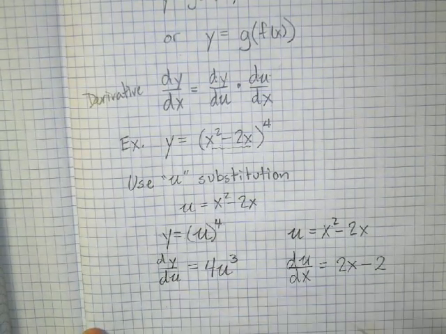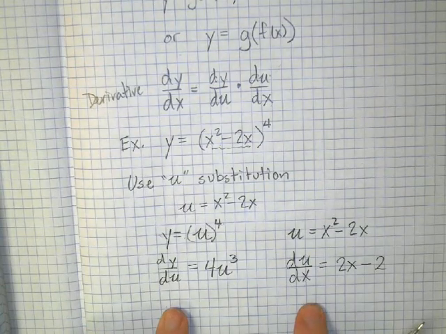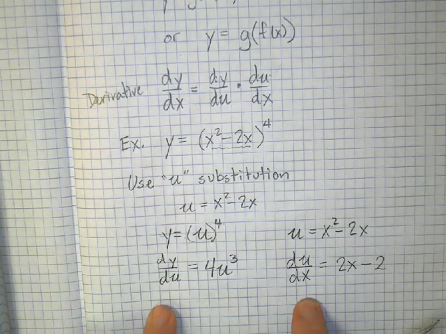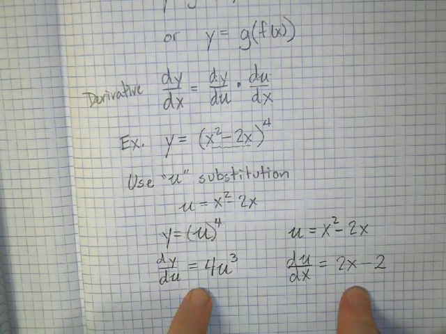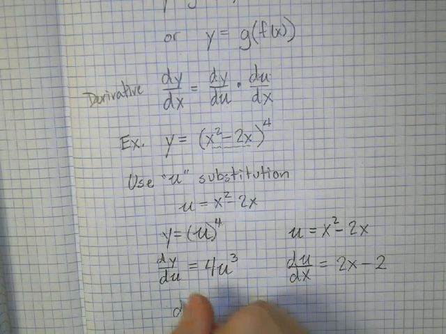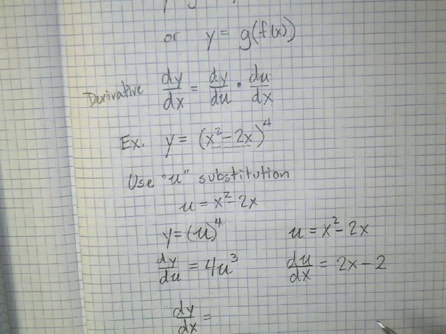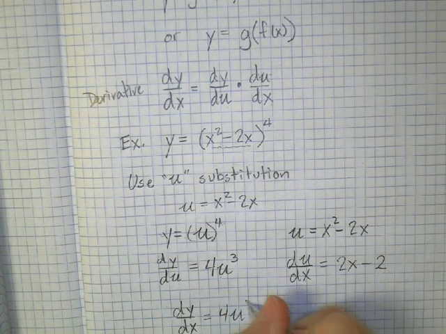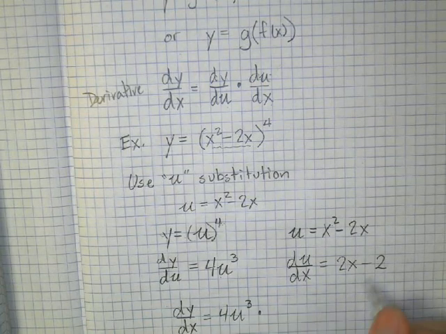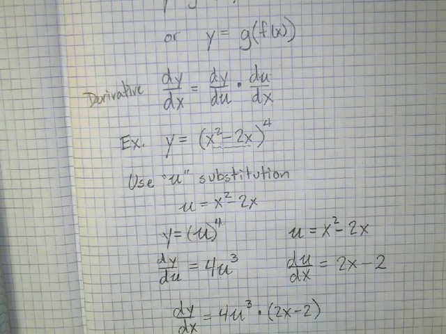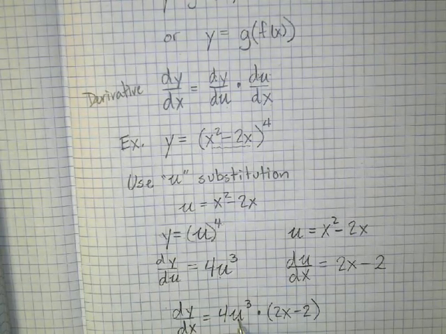Well, actually, you know what? Let's go ahead and multiply them first, okay? Because now my formula says I can just multiply these two together now. So my dy dx, the whole derivative is going to be this one times that one. So 4u cubed times 2x minus 2. And I need to substitute back in for my u.